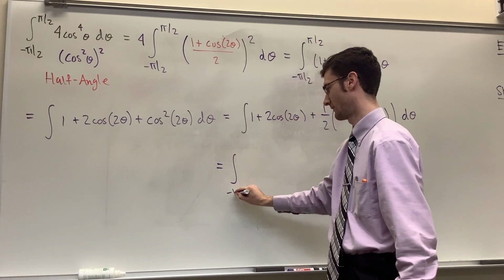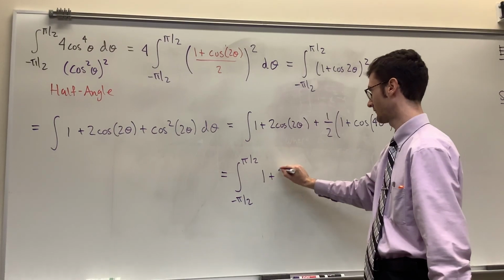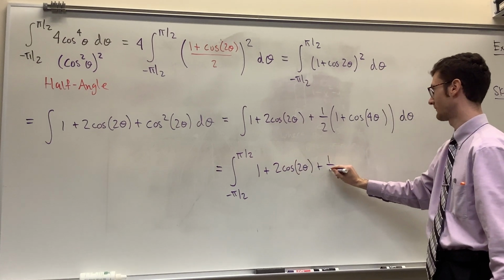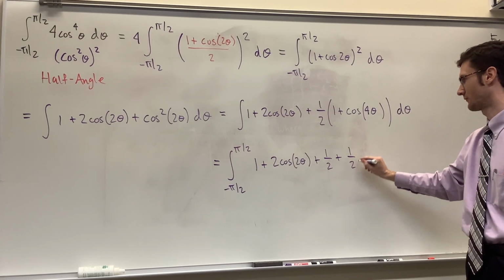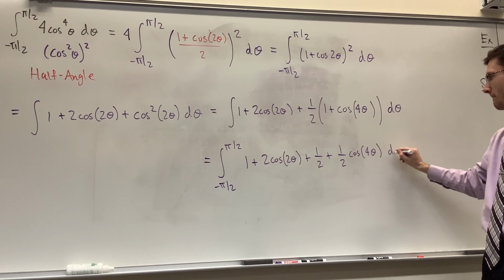So let's carefully go through this. I'll put my integration limits back in, minus pi over 2 to pi over 2. 1 plus 2 cosine 2 theta plus 1/2 plus 1/2 cosine 4 theta, d theta.